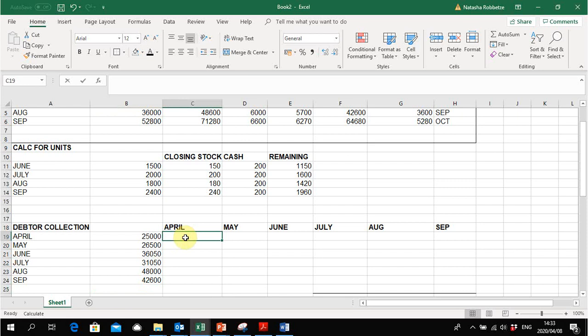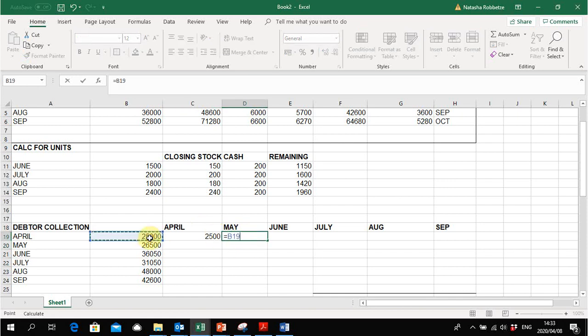Our debtors collection says that it is 10% collected in the first month, or in the same month, then half of it in the next month, and then in the second month, 35% of it is collected.